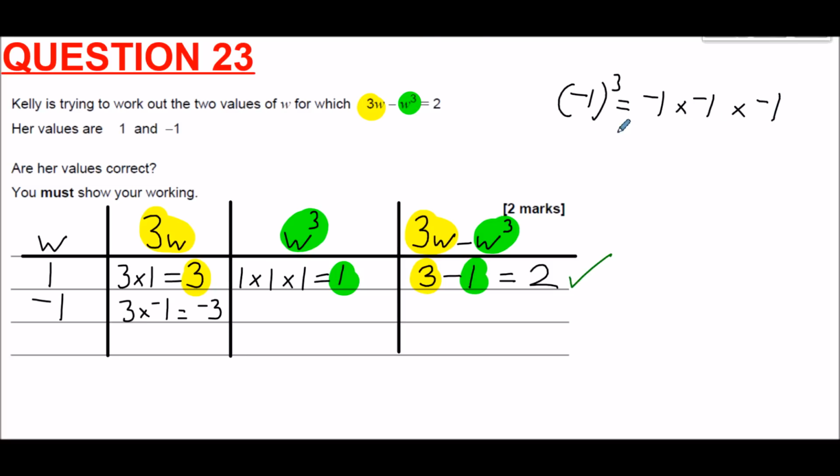So if we just have a look at minus 1 times minus 1, if you're multiplying two minus numbers together, the overall answer ends up being positive. So minus times a minus ends up being positive. So it's the same as 1 times 1, which is 1.